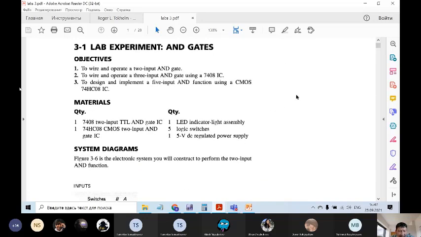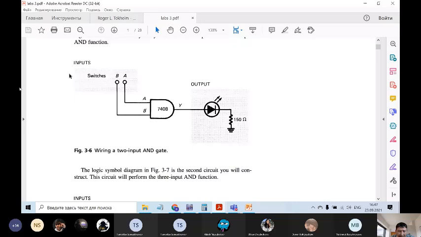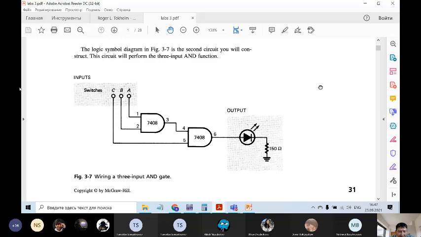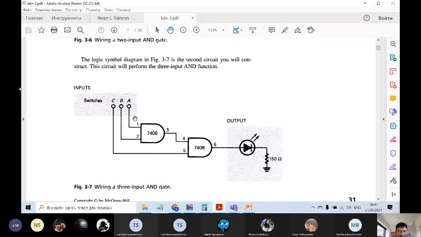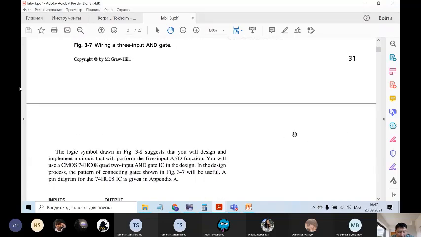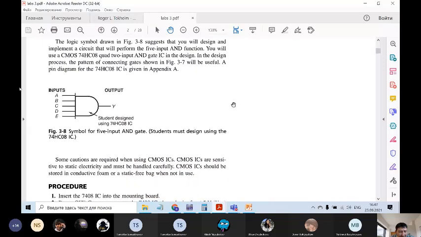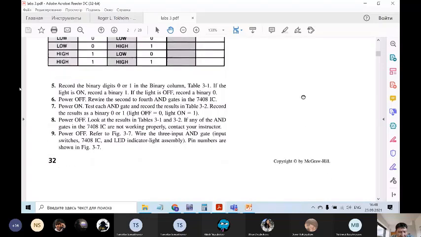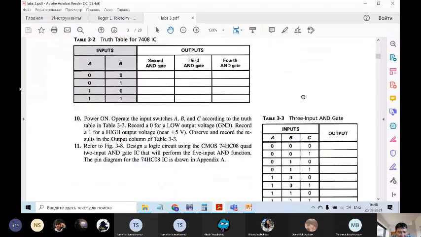Here it's very simple. You need to assemble this circuit in Multisim, then this one. Here we have 2 inputs, here we have 3 inputs, maybe 4 inputs. So read carefully, review this, and tomorrow we will do it, okay?